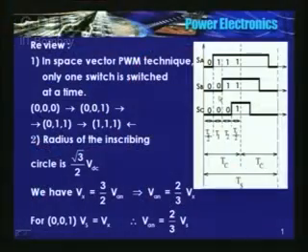So initially we are at the origin with 0, 0, 0. All upper switches of the inverter are off. So at the end of Tz by 2 period, we turned on only the upper switch of phase A, 0, 0, 1.